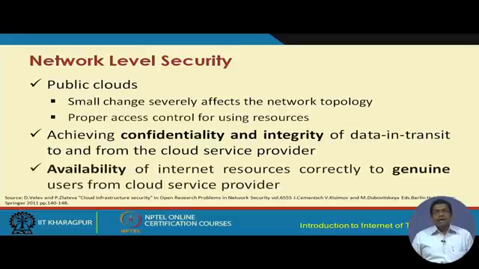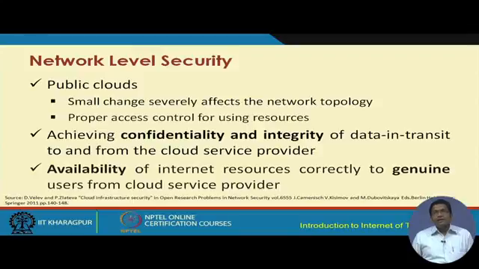The second thing is achieving characteristics like confidentiality and integrity of data in transit to and from the cloud service provider. As you know, data confidentiality, integrity, availability and non-repudiation are very important issues in the context of security.